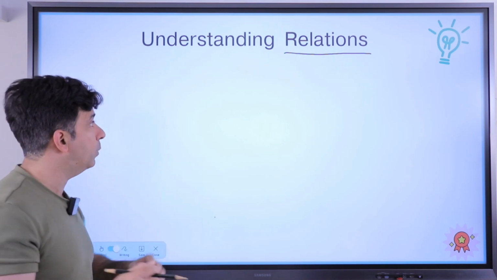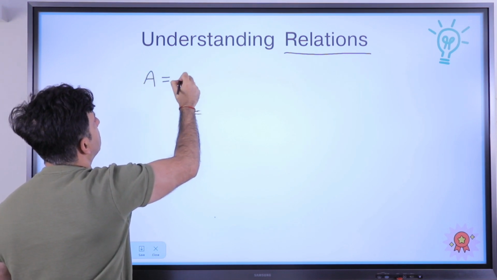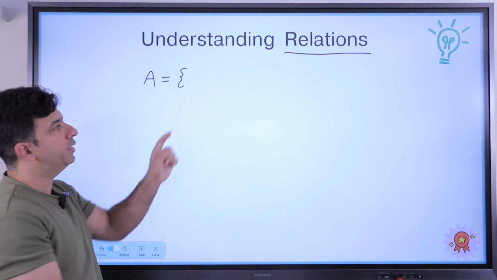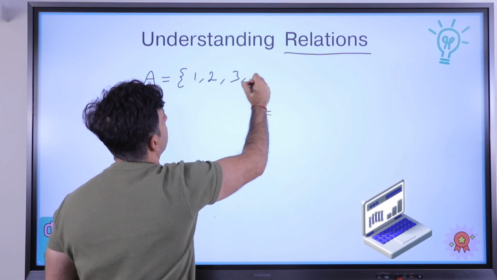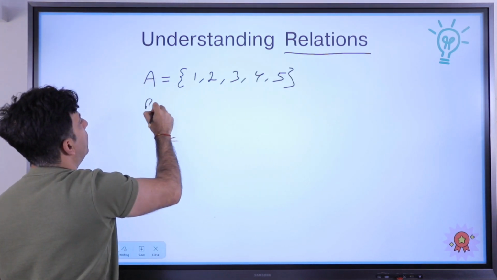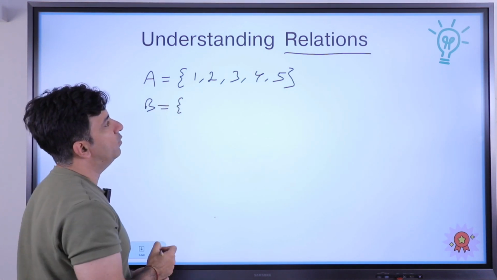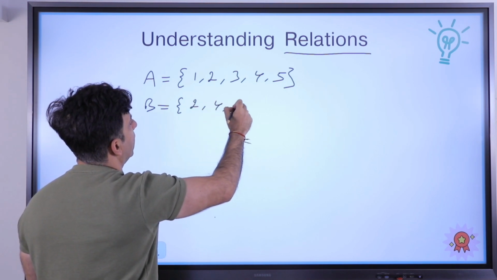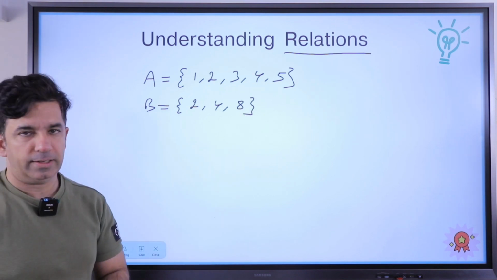I'll give you an example. Let A be a set of elements, and let's say A has the elements 1, 2, 3, 4, 5. Let B be a set of numbers having elements 2, 4 and 8.